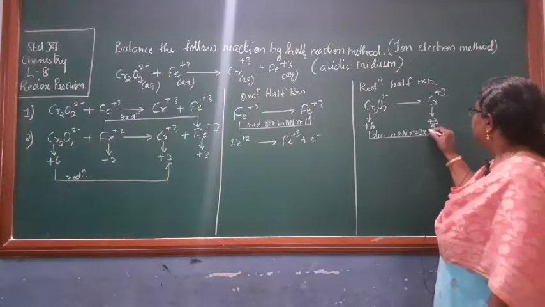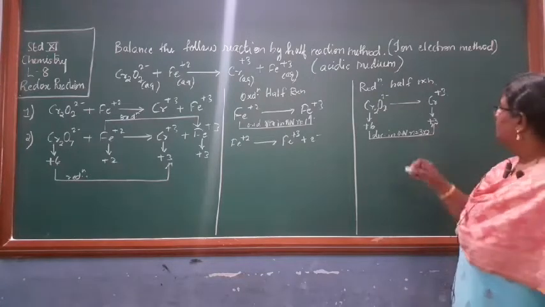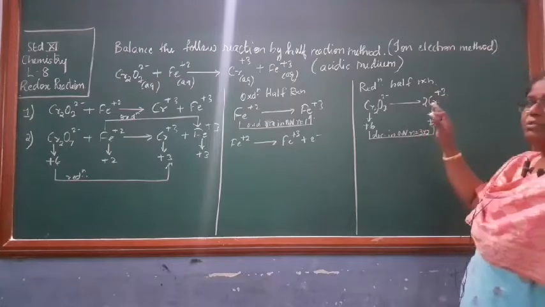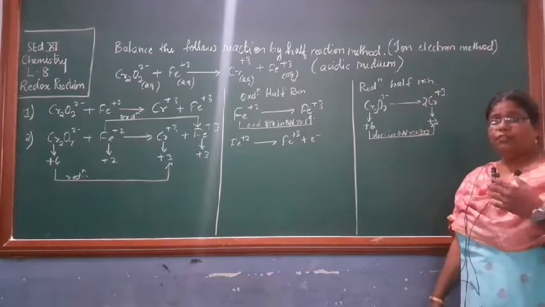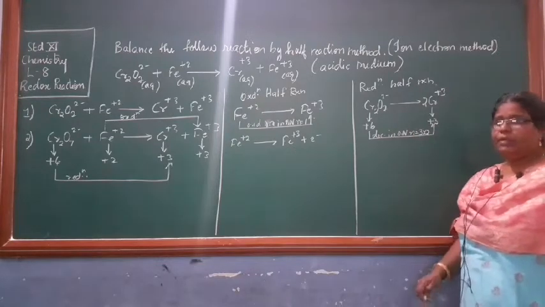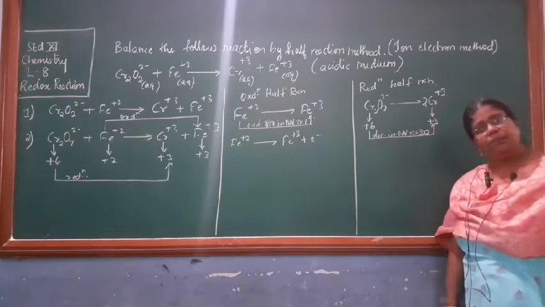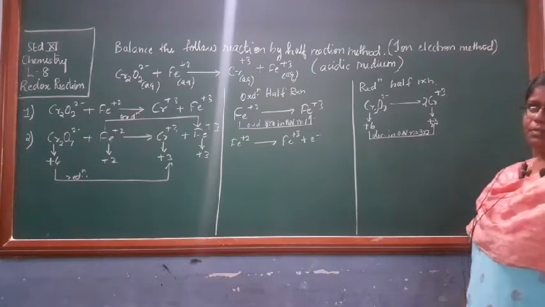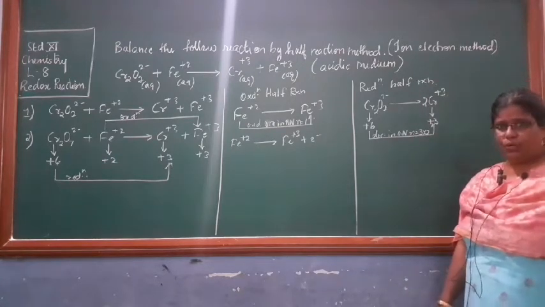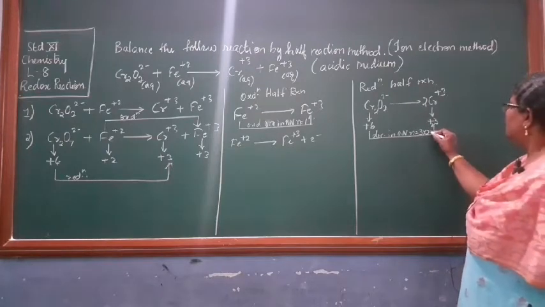So you should multiply here by 2. Also you should make the number of atoms on either side equal for the one which is undergoing oxidation or reduction. So here there are 2 chromium, so here also you should add 2 chromiums. Clear? So here n is equal to 3 into 2, that is equal to 6.